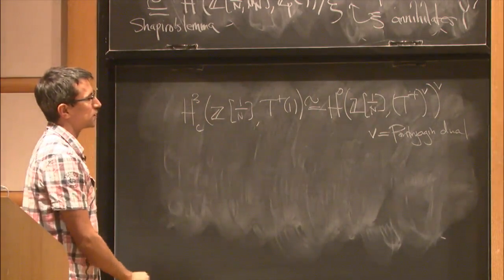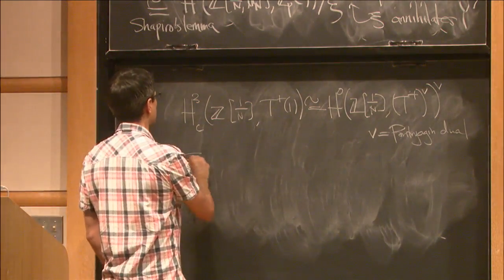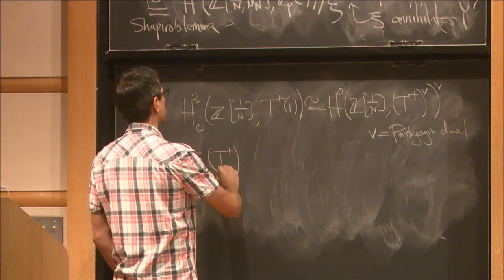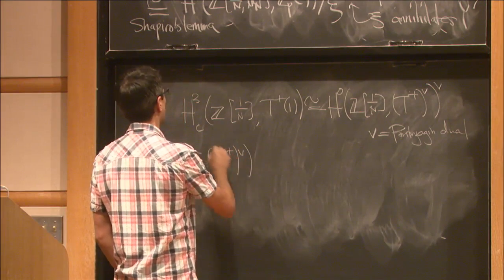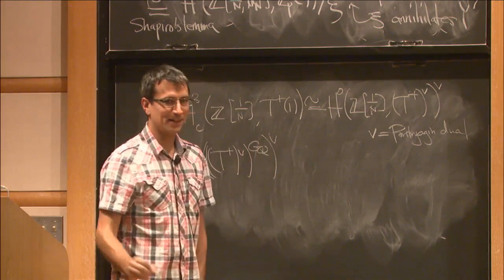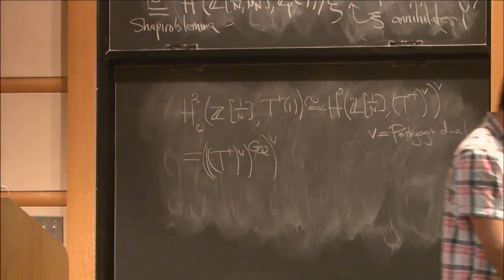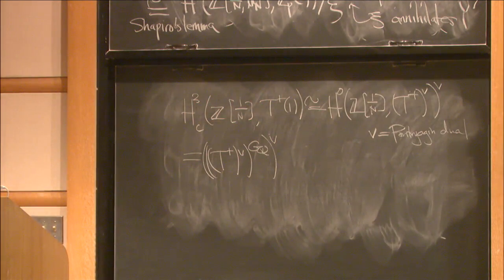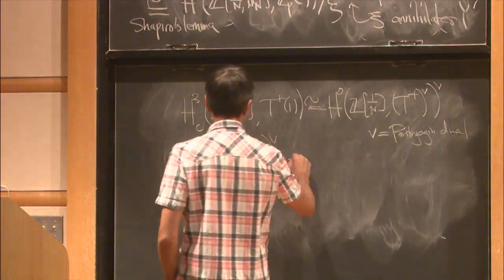But H0 is just fixed things under the Galois group. So this is T plus dual fixed by the Galois group dual. But remember that in the theorem it said that T plus is fixed by the Galois group, so that doesn't do anything. So we just have the dual of the dual.